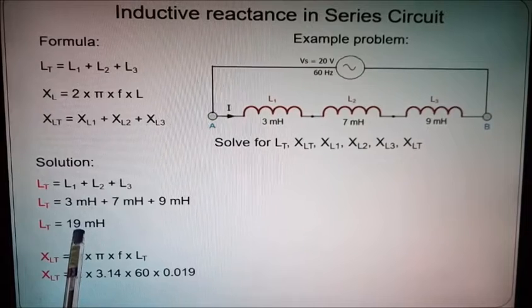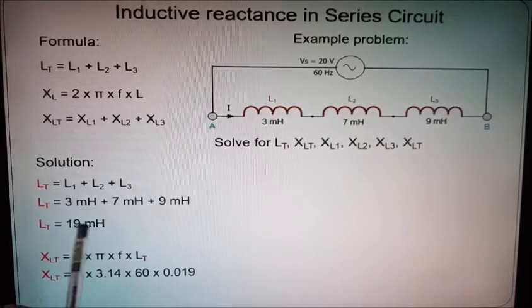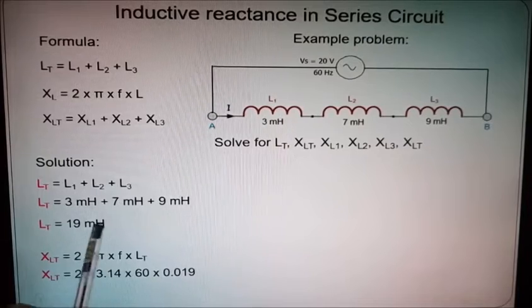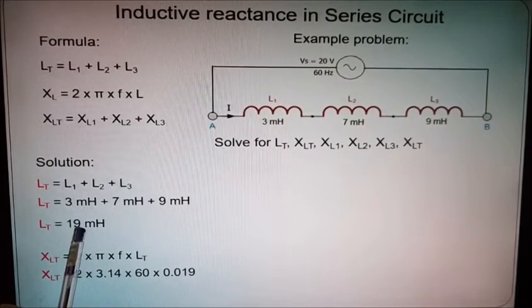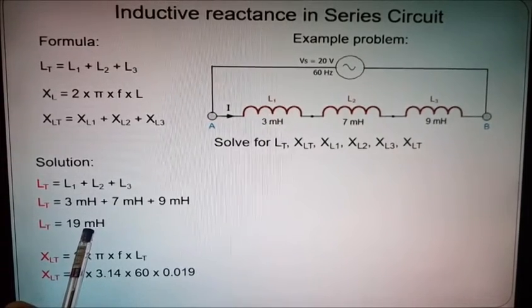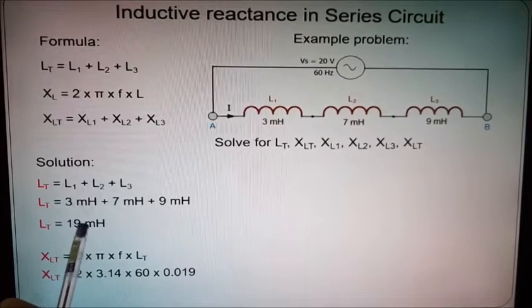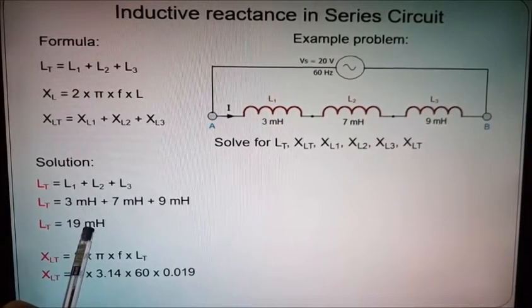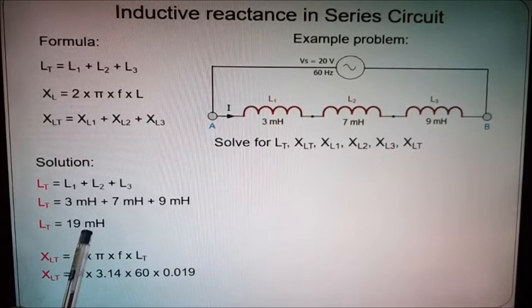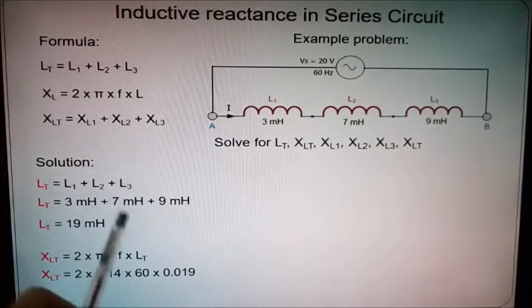We convert 19 millihenry to henry. How? You just divide this value by 1000. Why 1000? Because milli means one thousandth, so I divide to change millihenry to henry.